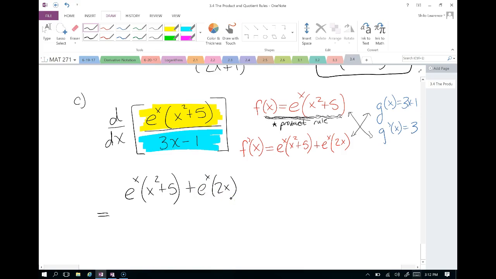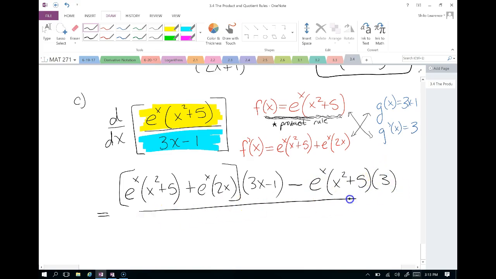And that's times the original g. So this is going to have to be in its own big set of parentheses, times 3x minus 1. And then quotient rule has subtraction. And then we want original f times g prime, which is just 3. And then all over the original g squared.